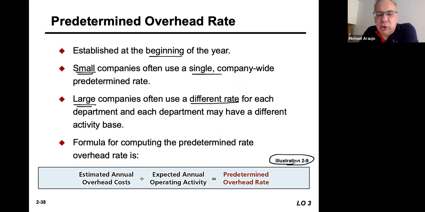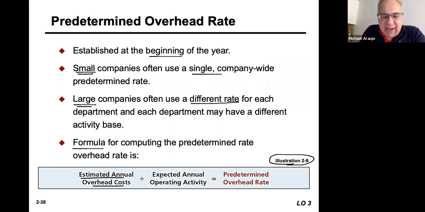So illustration 2.9 in your book, which is on the bottom of page 57, will show you the formula for computing the predetermined overhead rate that companies use. They estimate the total amount of overhead costs that they think they're going to spend for the year in production.